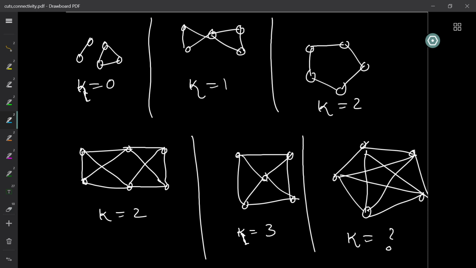So we redefine the notion of connectivity to be the minimum set of vertices whose removal either disconnects the graph or results in the trivial graph, the single vertex. So this way we can formalize this.